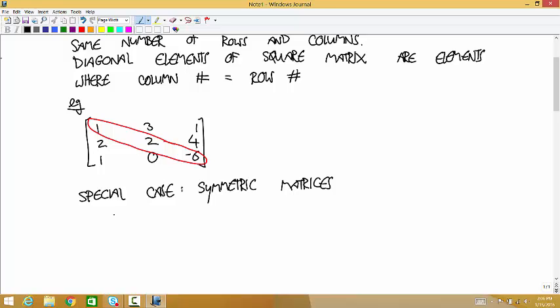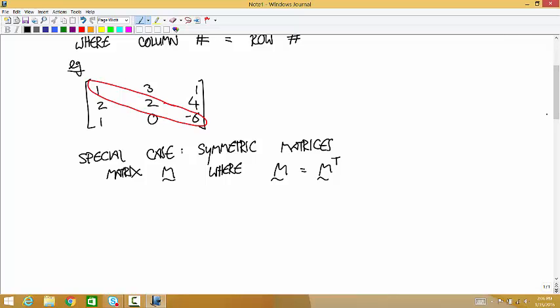A symmetric matrix is a matrix M where M is equal to M transpose. That can only happen with square matrices. If you try to fiddle with the numbers on a matrix that isn't square, you'll see why.